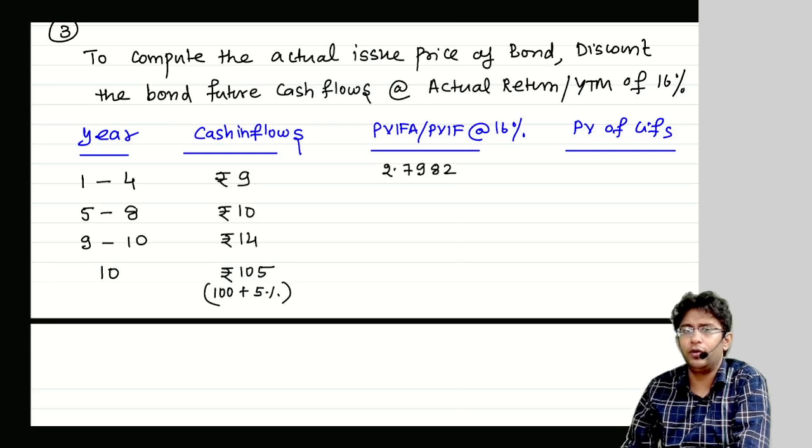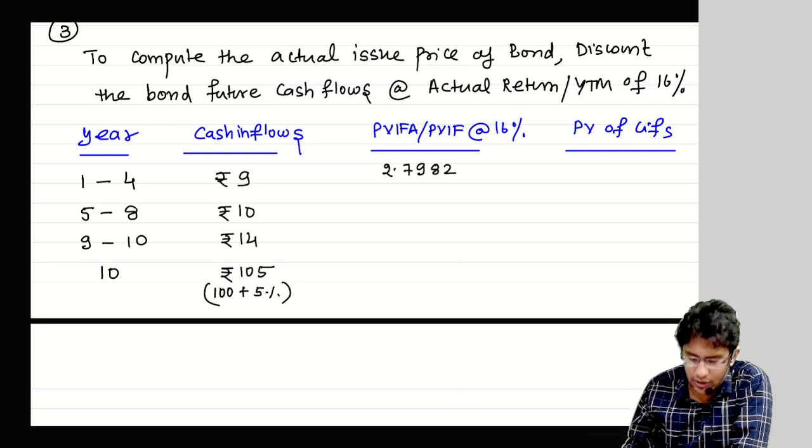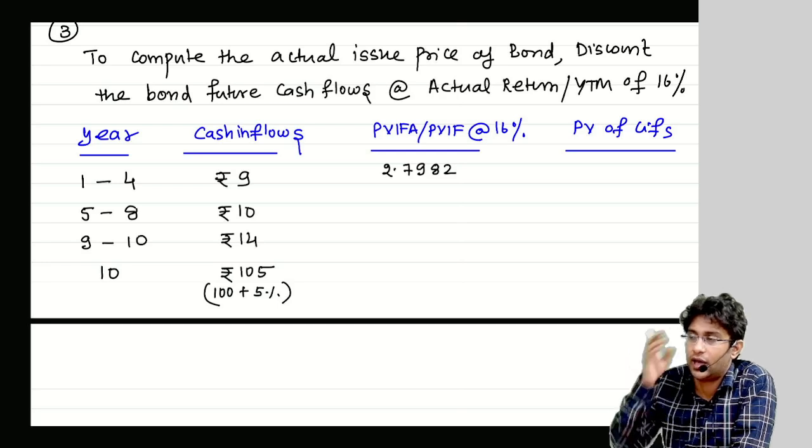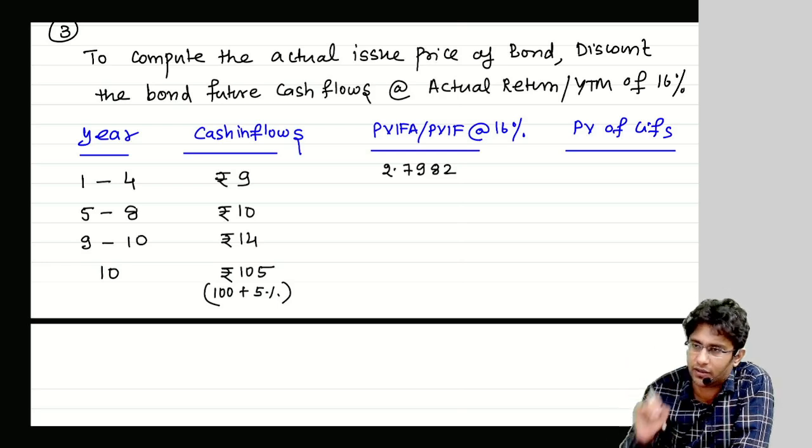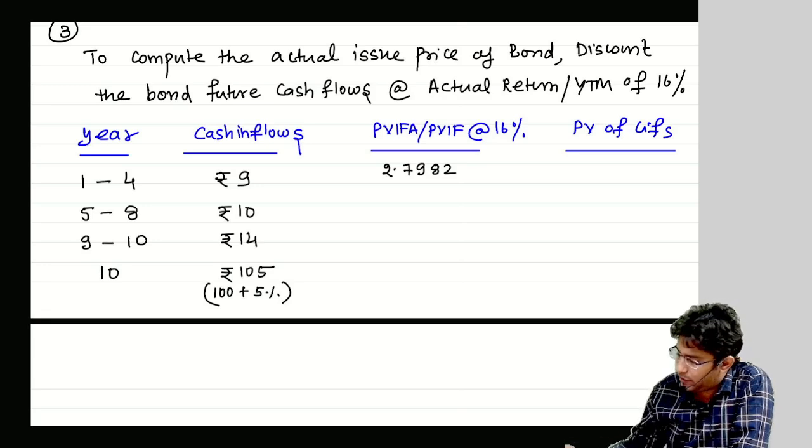You told me the 4 years annuity factor. Now what do I want? 5 to 8 annuity factor. That is called the mid annuity factor. Correct, no sir, mid annuity factor. How to work out the mid annuity factor? 1 divided by 1.16, first year, second year, third year, fourth year. I don't want these 4. It is equal to 5th year M plus, 6th year M plus, 7th year M plus, 8th year M plus MRC.